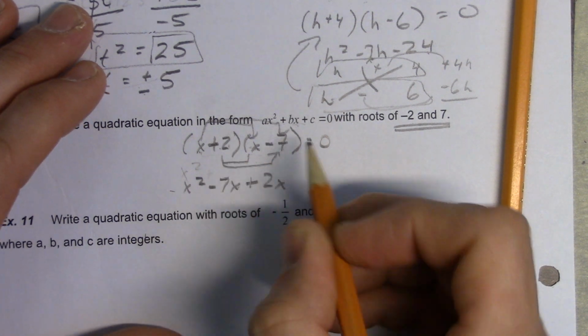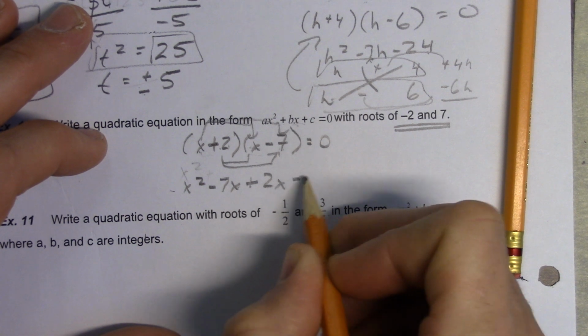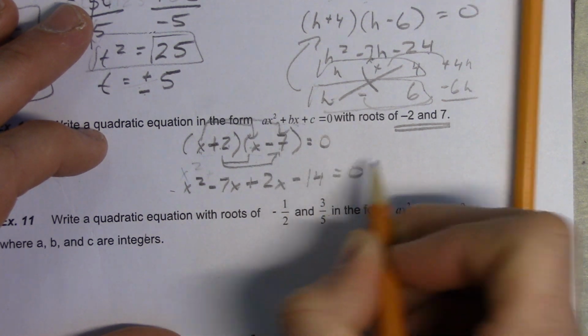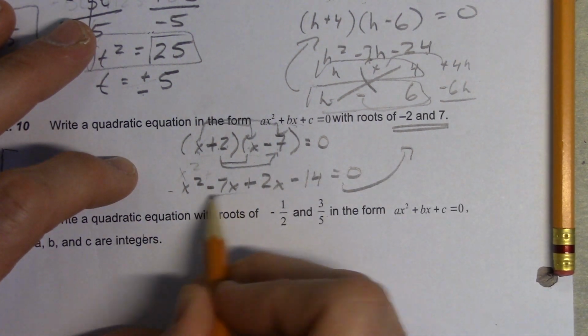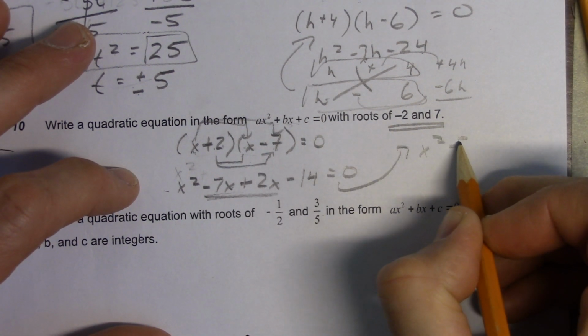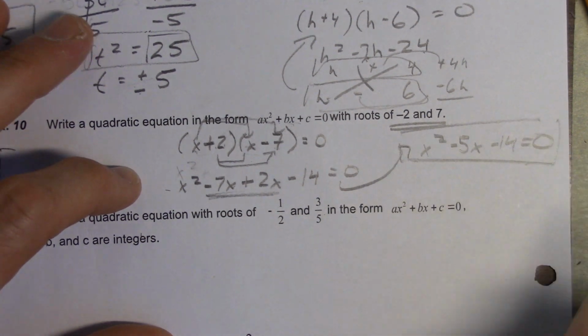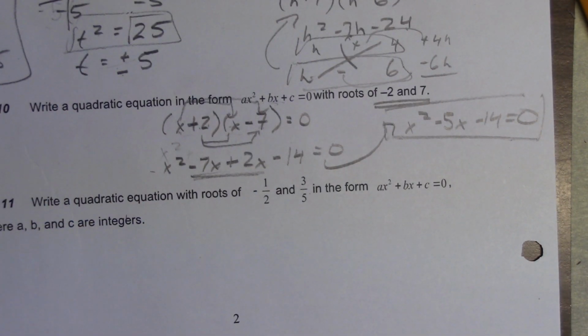And then 2 times negative 7? Minus 14. Okay, and then we have to take those common terms, put them together, we get x squared minus 5x minus 14 equals 0. There's our final. Okay? Any questions with that one?